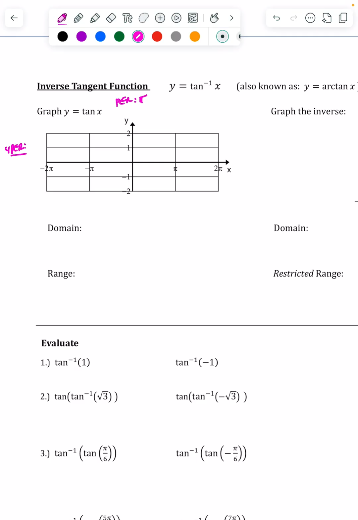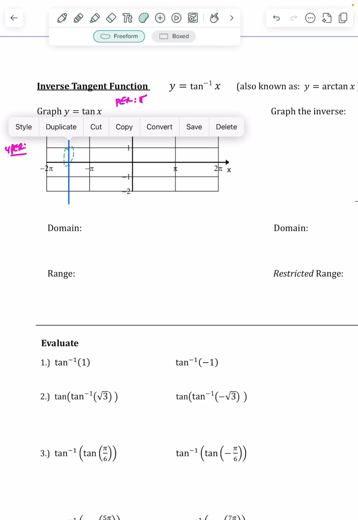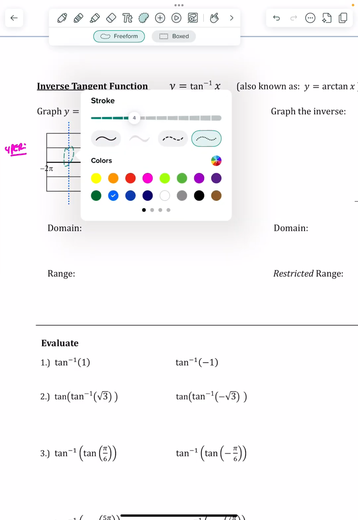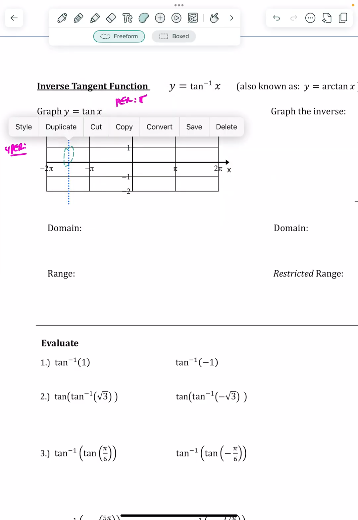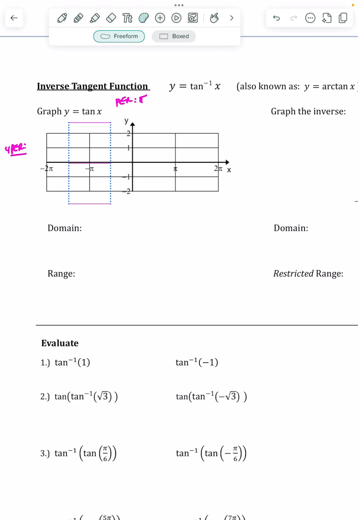Okay, and we're going to be careful here, halfway. So we're going to be careful where asymptotes are. Those should have been dashed lines actually, but it's okay.